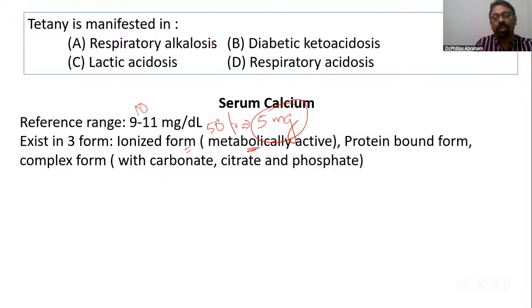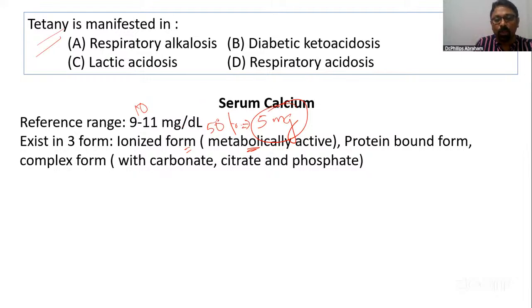Now, this question. We know that when the calcium level reduces, that leads to tetany. You know it. Now, 2 or 3 portions are combined together here. One, you should know that tetany is because of hypocalcemia. Second, when calcium level reduces it leads to this.